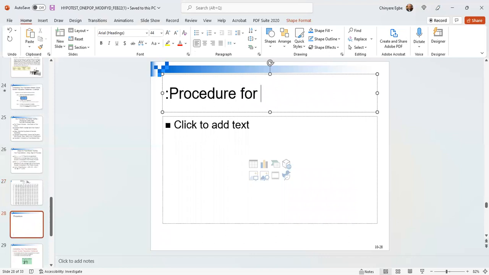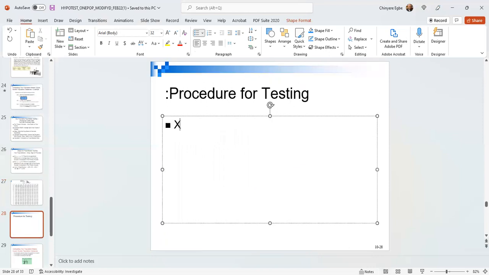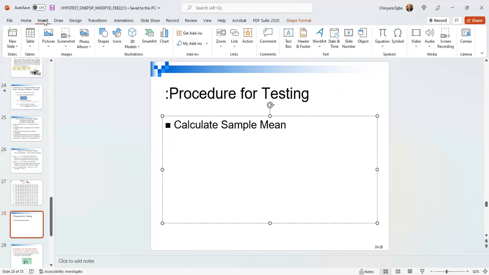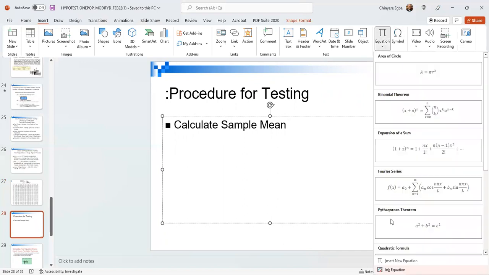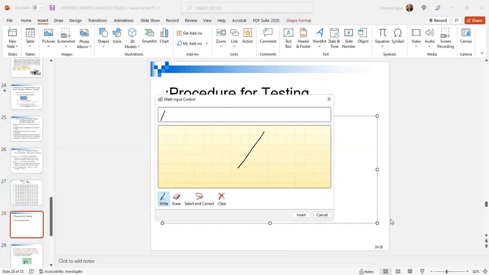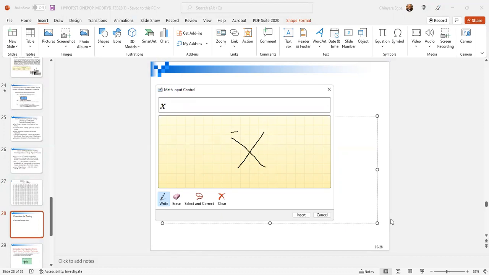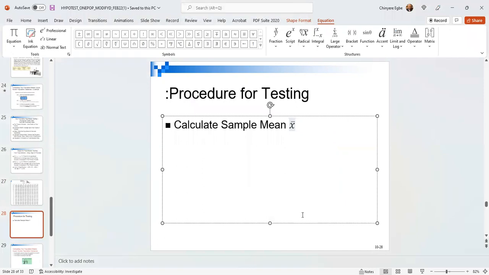Procedure for testing. Step one is to calculate the sample mean, X bar, okay?